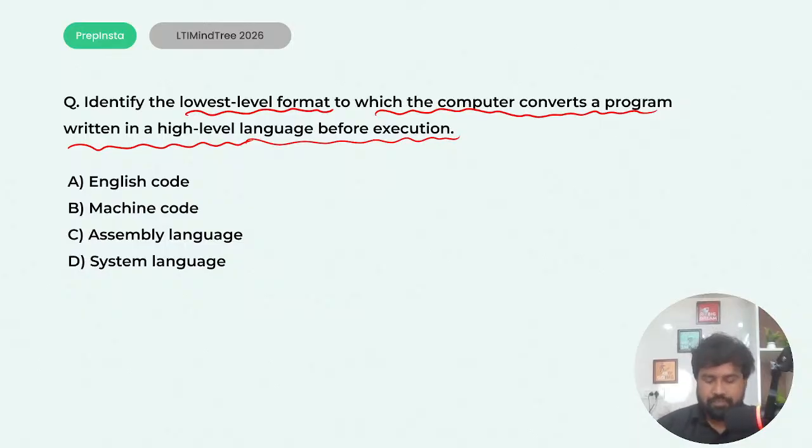Option B. Yes, everyone is saying option B, machine or byte code. Yes, correct. Machine level code or byte code is the low-level language consisting of only zeros and ones.